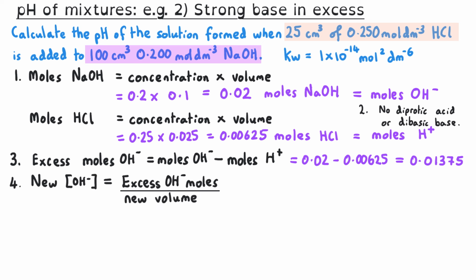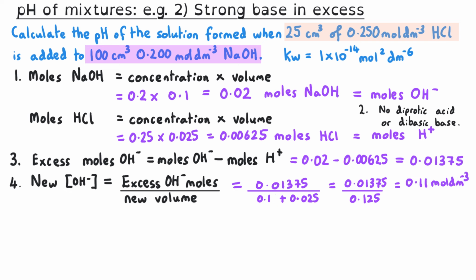We then need to calculate the new hydroxide ion concentration by taking this excess moles value and dividing it by the new volume. So 100 cm cubed plus 25 cm cubed is 0.125 dm cubed. When we run this calculation, we get a hydroxide ion concentration of 0.11 moles per decimeter cubed.